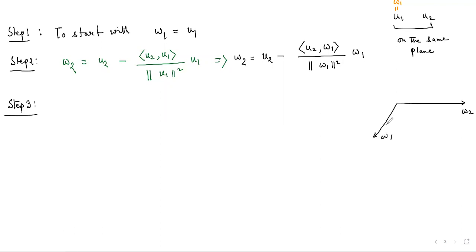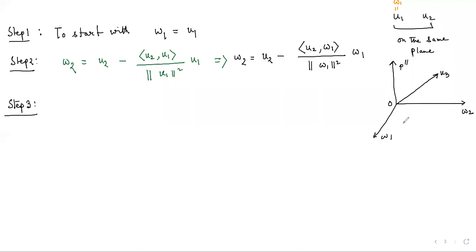And on this plane we can draw another vector, similar to OP prime, which I'm considering as OP double prime, which will be orthogonal to both w1 and w2. So what would be my u3 vector? My u3 vector is something like this.